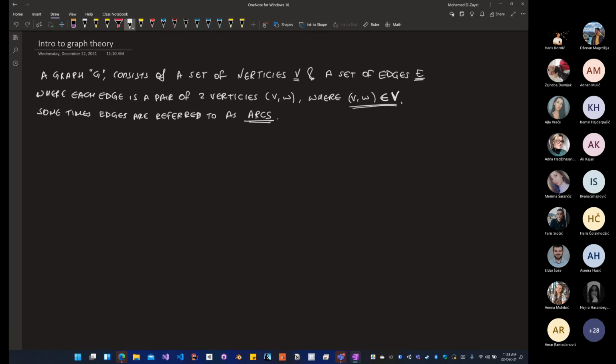This is one of the other namings. In some cases, edges carry additional information, and this additional information is called, such as, weight.